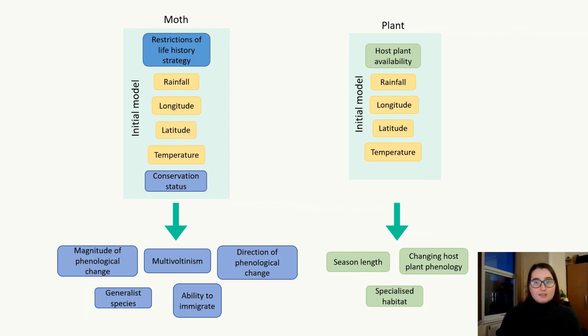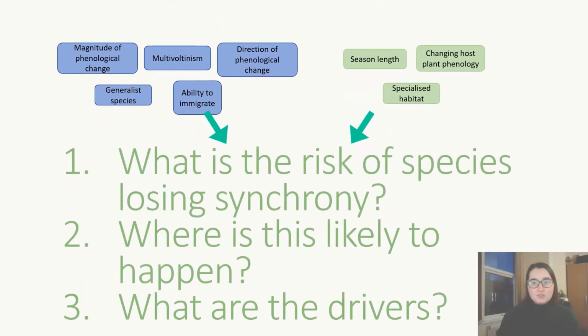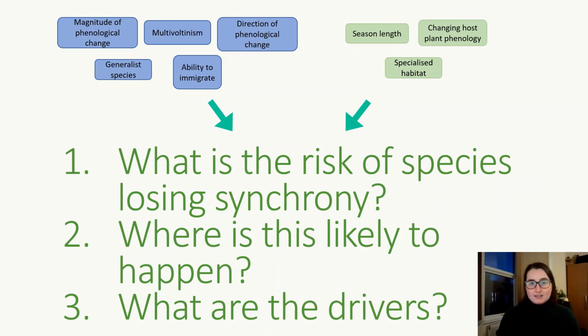The reason I really want to see how they're responding is because I have some really big questions I'd love to try and answer. I would like to be able to use this analysis to work out what the risk of species losing synchrony is. Species are changing their phenology.